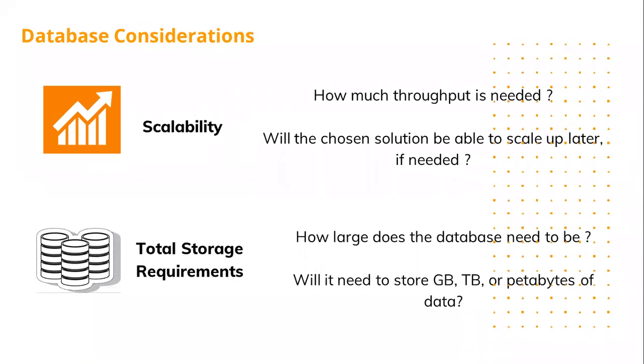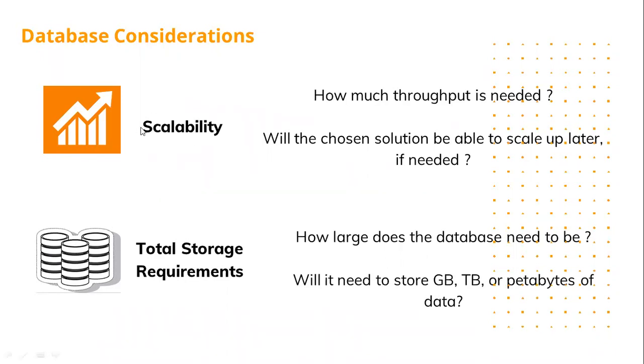When we are going for a database, or if you want to select a database, what are the things which we need to consider? First comes scalability. Here you would be defining or asking how much throughput you actually want. Okay, and will the chosen solution be able to scale up later if required?